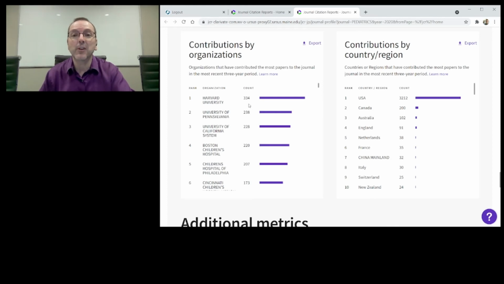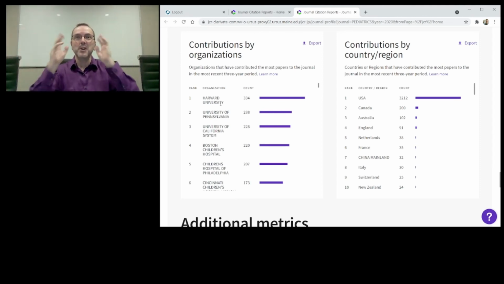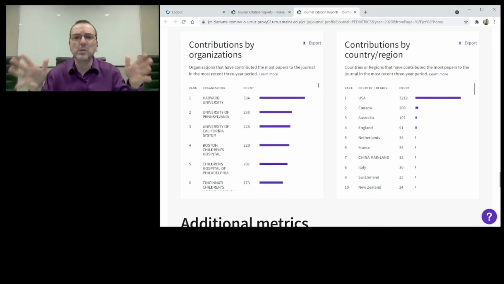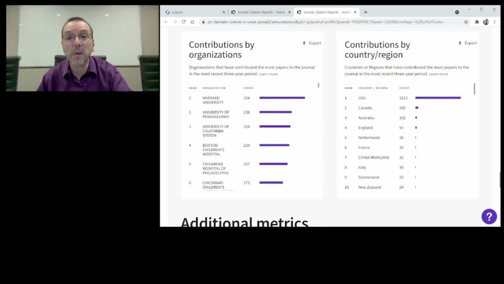So we see that Harvard University, as a university, has the most authors publishing in Pediatrics, followed by University of Pennsylvania, followed by the University of California system, which kind of surprises me because that's huge, that's the whole system. I'd have thought that they'd be number one, because there are so many of them and some really great schools. But it is what it is, I guess.